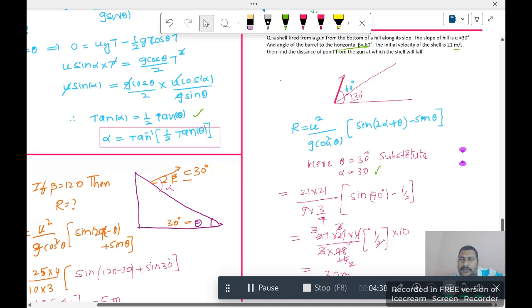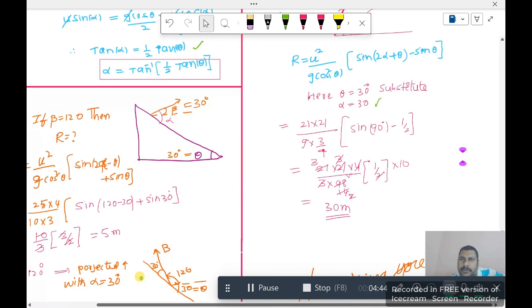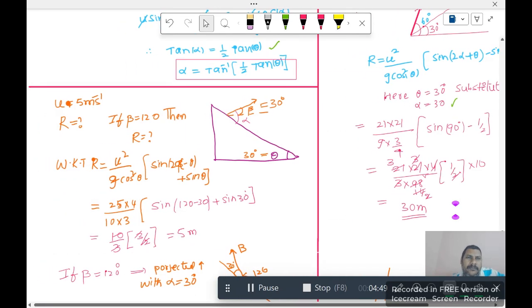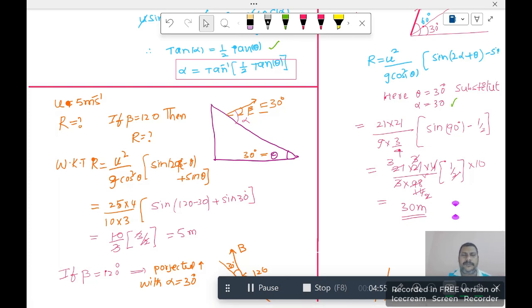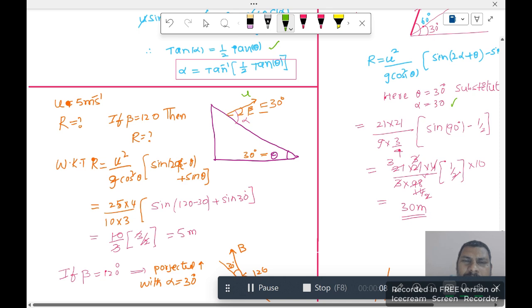Here, firing from the bottom, where will it hit the target, or where will it fall? After substituting the values, you will get 30 meters. Similarly, next problem. See here, given u is equal to 5 meter per second.